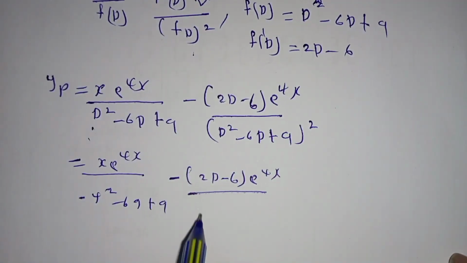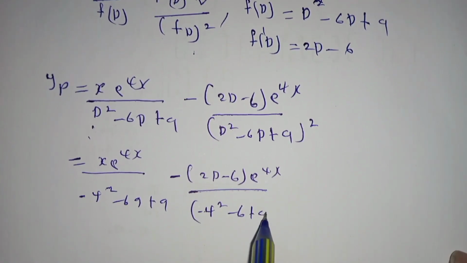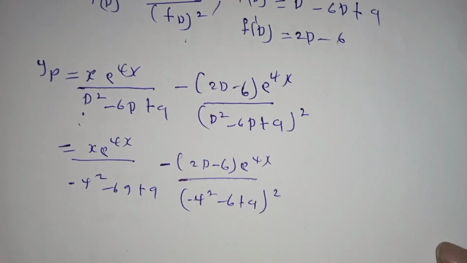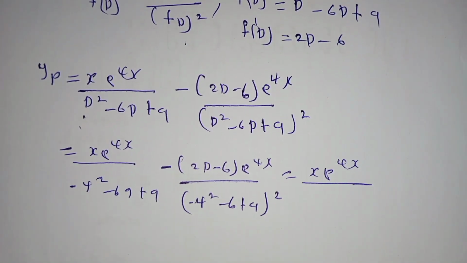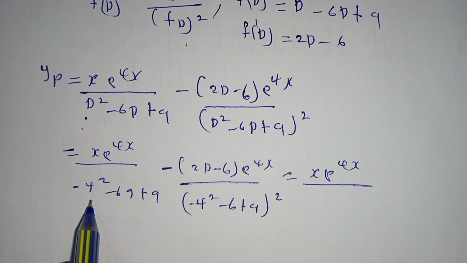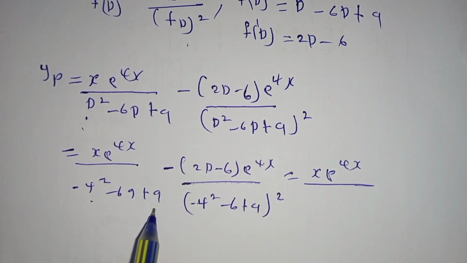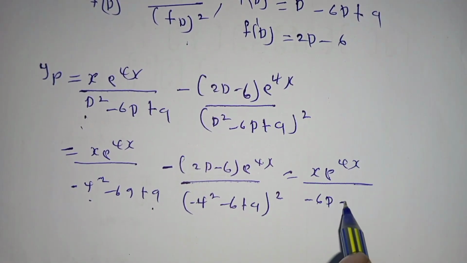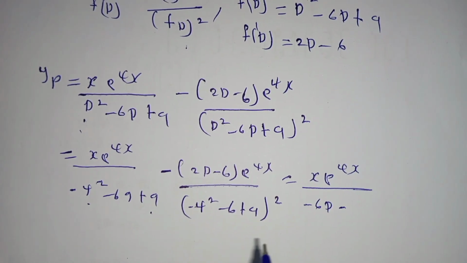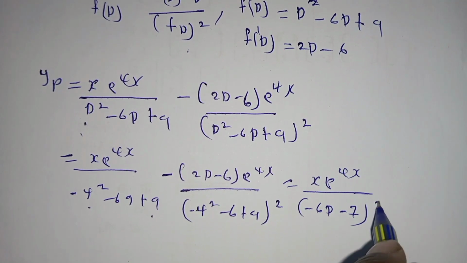So divided by 4 squared minus 6 plus 9, you square everything, which is equal to x exponential 4x divided by, here you have negative 16 plus 9, which will give you negative 6d minus 7, then we square this.